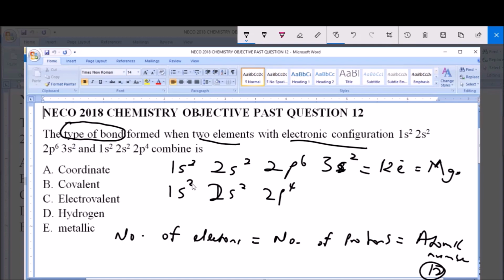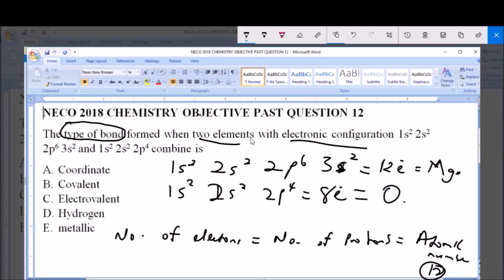Now 1s2, 2s2, 2p4, that's a total of 8 electrons, and similarly number of electrons is equal to number of protons is equal to atomic number. So atomic number is 8, and the element with atomic number 8 is oxygen.